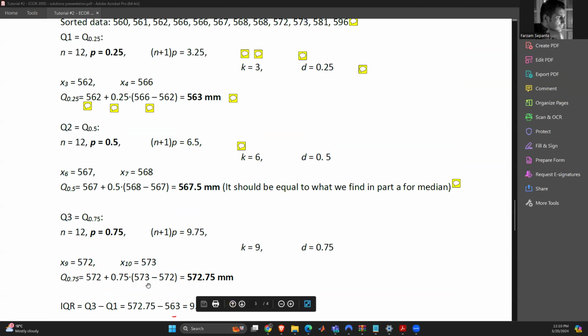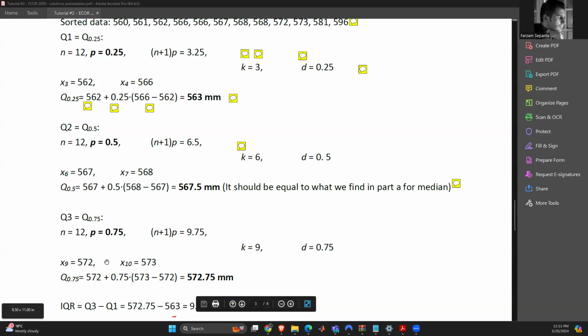If you use the same approximation method, multiply by 0.75 plus the actual value that we found, and it's going to be 572.75. Something that I noticed before is that sometimes people forget about this part here and don't solve it correctly. This value that you find here is normally within your data range, so you want it to be in your data range. For example, don't multiply it by 75. You need to multiply it by 0.75.